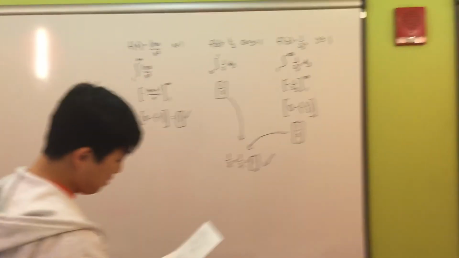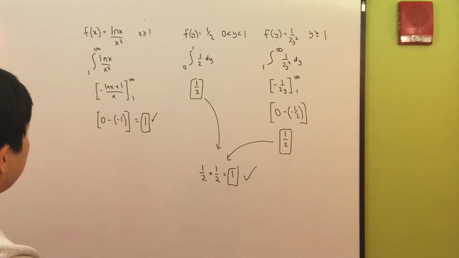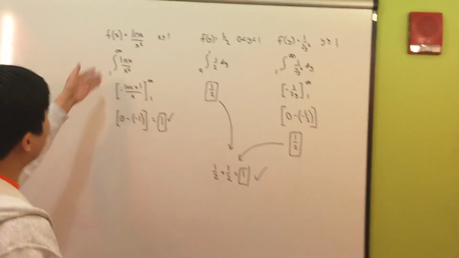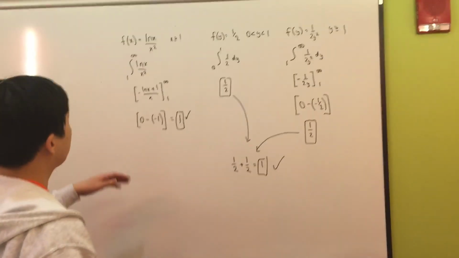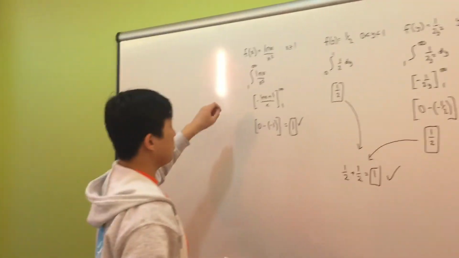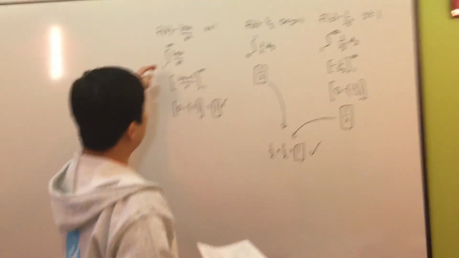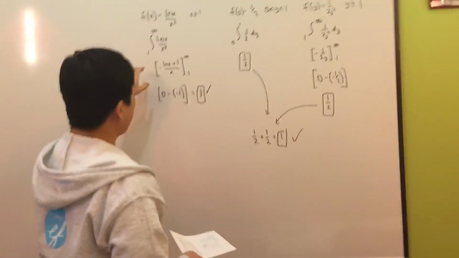All right. So for the final part of this problem, we have to verify that f of x and f of y are valid density functions, and they're valid if the integral over the bounds is equal to 1. So the bounds for f of x is just for x greater than 1, and so it's the integral of ln of x divided by x squared from 1 to infinity. And so for ln of x divided by x squared, we can calculate the integral by using integration by parts.